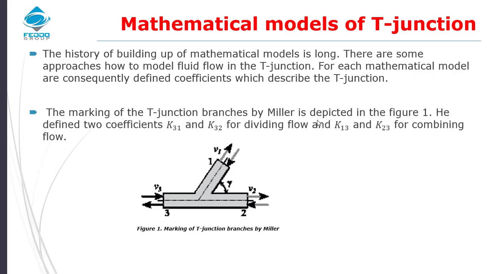So there are the Miller branches, or what we call the T junction branches by Miller. The marking of the T junction branches by Miller is depicted, as you can see from the image here. Now you have two defined coefficients, K31 and K32 for dividing flow, and also K13 and K23 for combining flow.